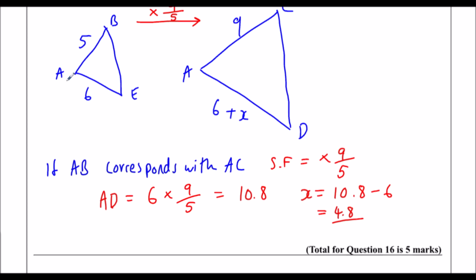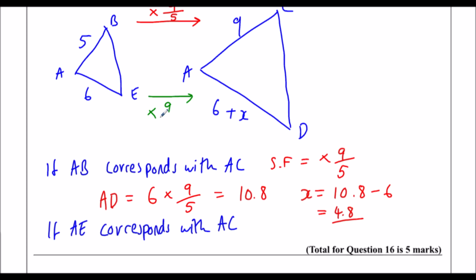If AE corresponds with AC, then the scale factor will be times 1.5. 6 times 1.5 is 9. So I could write times 9/6 or times 3/2, which is the simplified version of it. So then AB would go with AD.